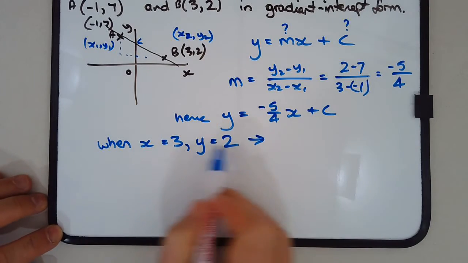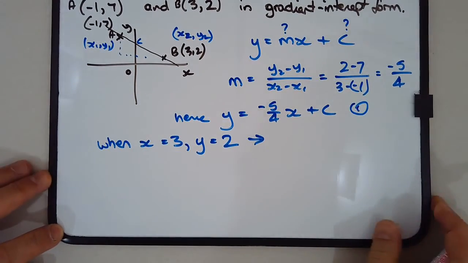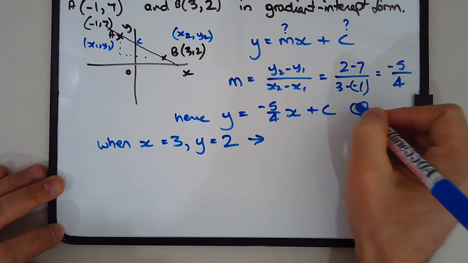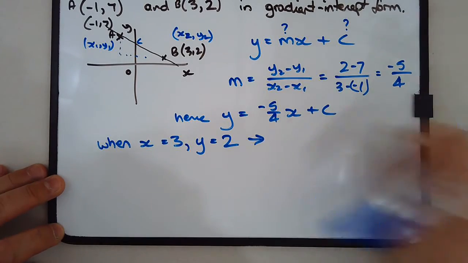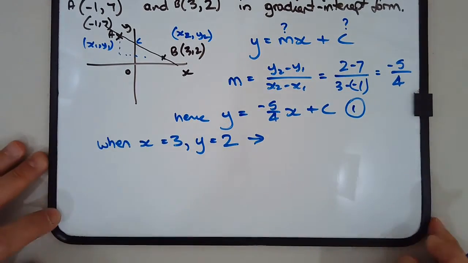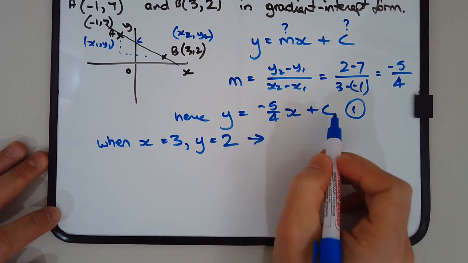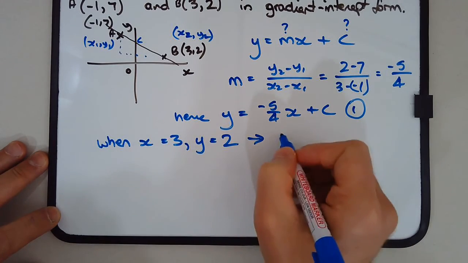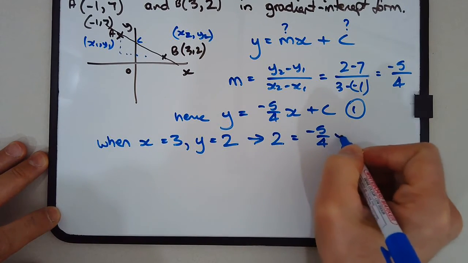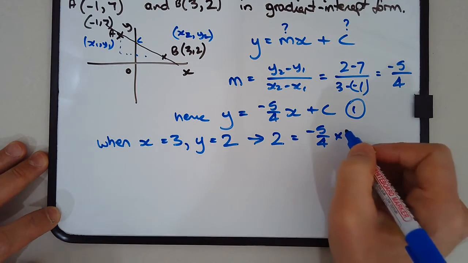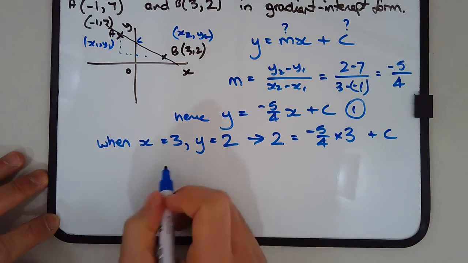If I substitute those two values into our equation, let's call this equation 1, I'm going to find the plus c. So y, which is 2, is equal to negative 5 on 4 multiplied by x, so x is 3, plus c. Let's rearrange this formula now.